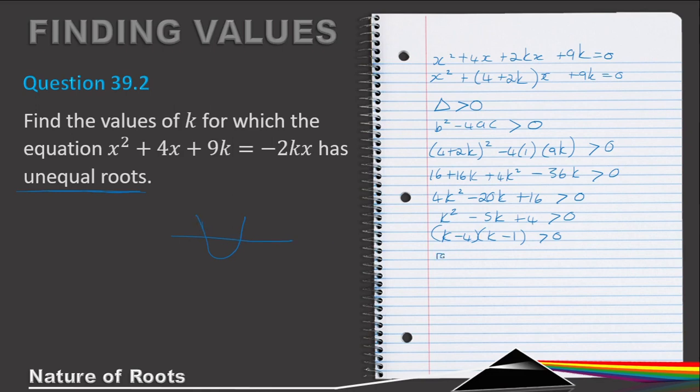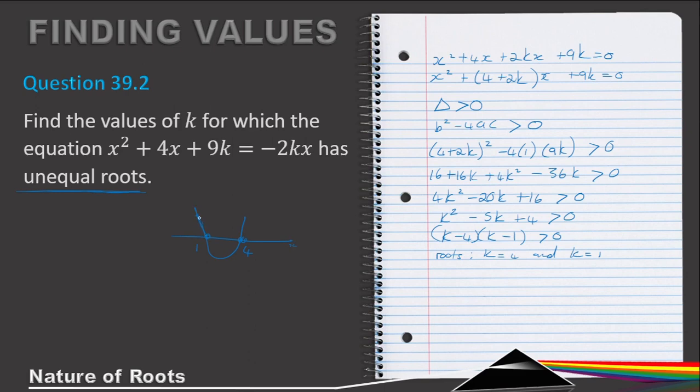Our roots are k equal to 4 and k equal to 1. Okay, so it's going to be at 1 and at 4. Now this one is greater than 0, meaning it lies above the x-axis. So this is our x-axis, or in this case our k-axis.